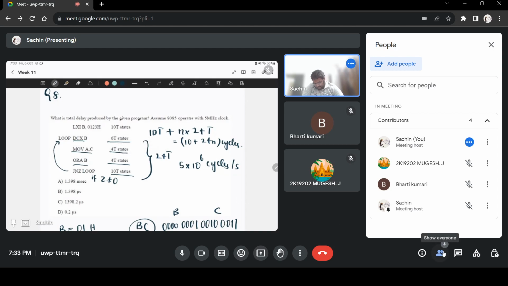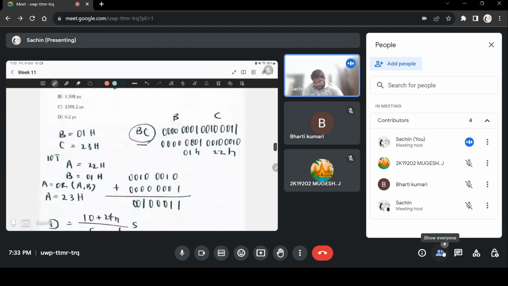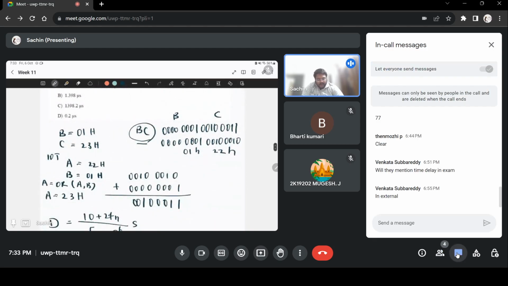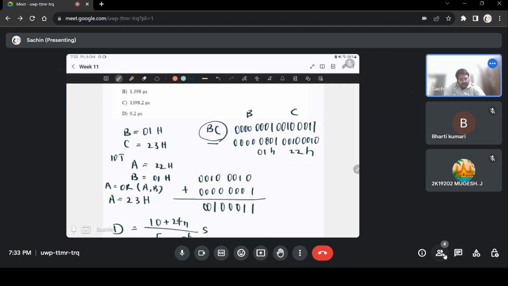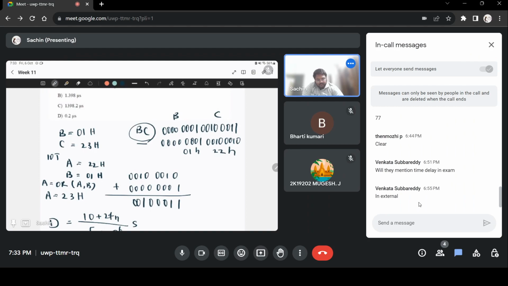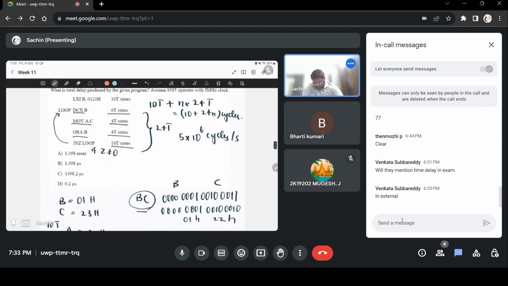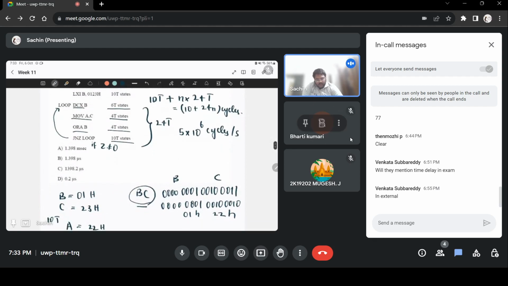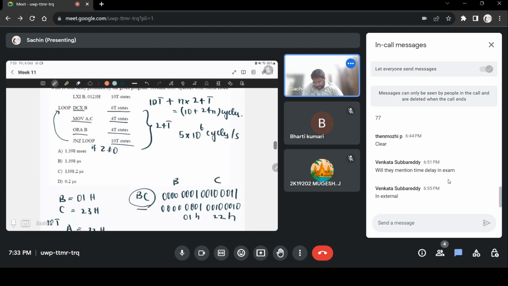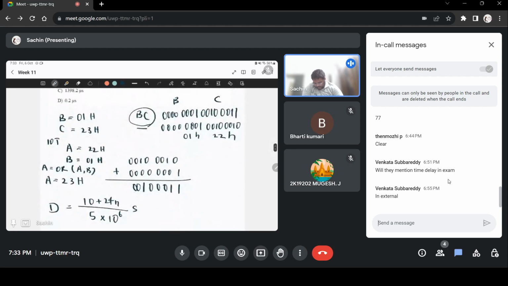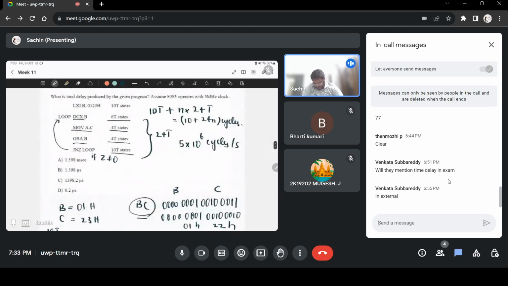Any objections? Is that fine, Bharti and Mukesh? Okay. Because I haven't solved this question, so it will take some time.